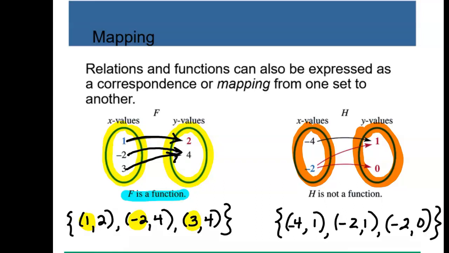Okay? So we can see clearly here when we write it out as a set that our x values do repeat. So with mappings, you cannot have the same x value being mapped or sent to two different y values.